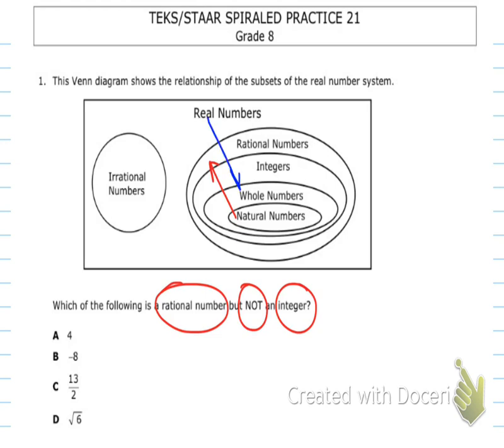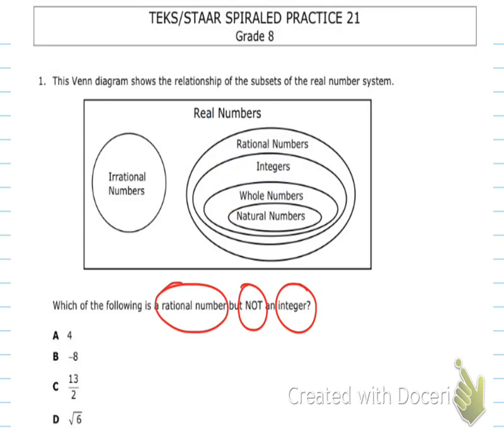So for example, if you're a natural, you're also a whole, which also makes you an integer, which also makes you rational, which makes you a real. However, let's say I'm a rational. I cannot work back in to be called an integer. I cannot work my way back in, but I can work my way out. So let's just keep this in mind as you do these.